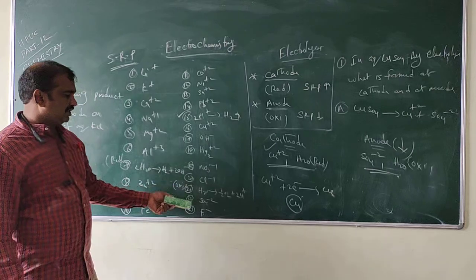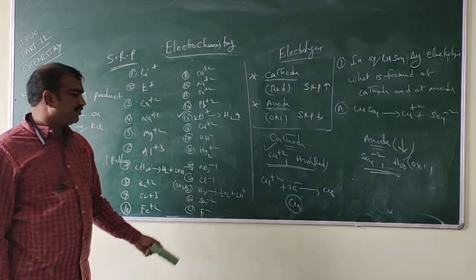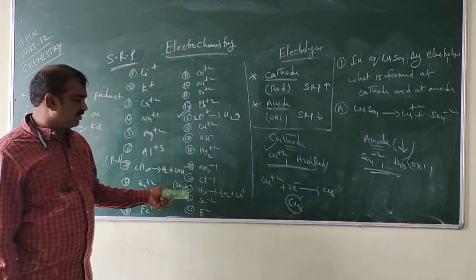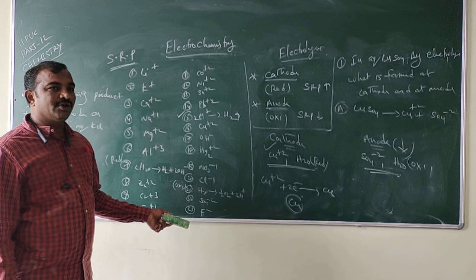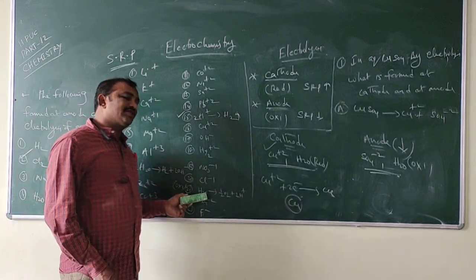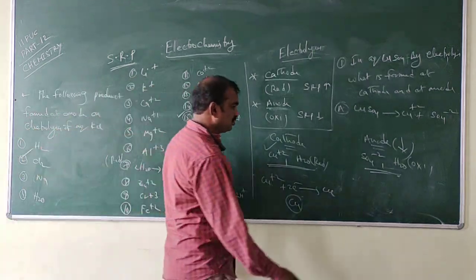H2O oxidation, because the H2O oxidation number is 21 and SO4 2- number is 22. So we have to consider 21, the low value, for the anode. So H2O oxidation.